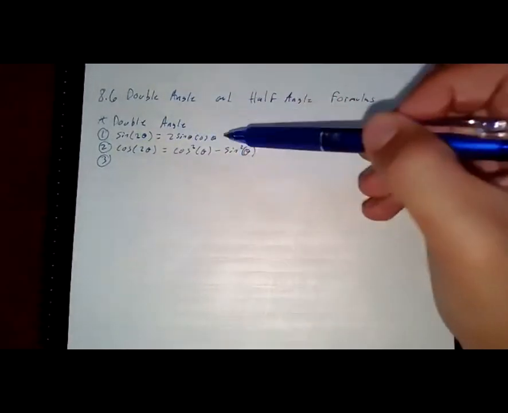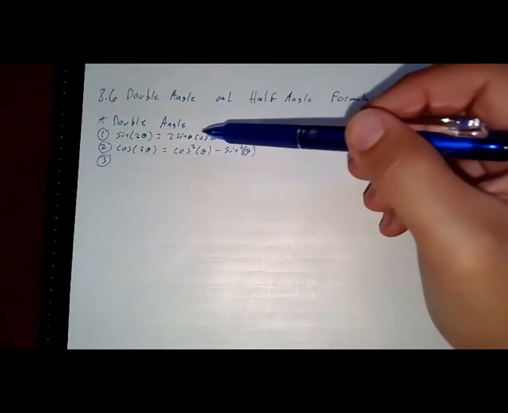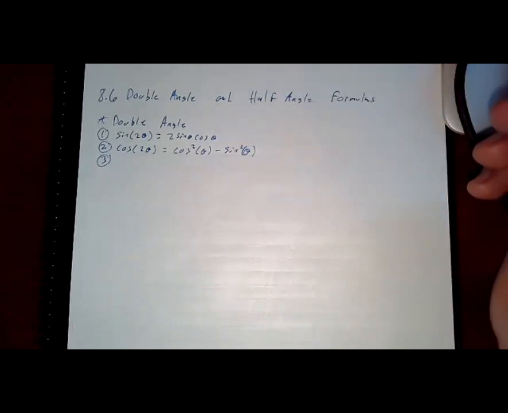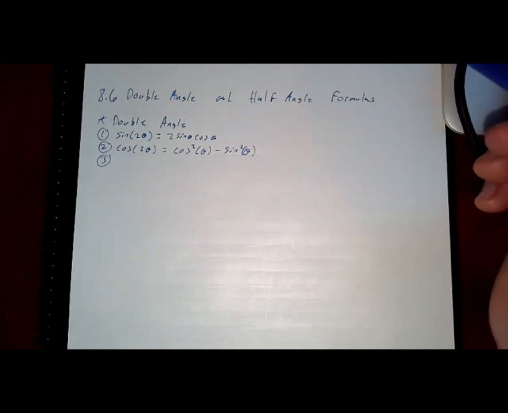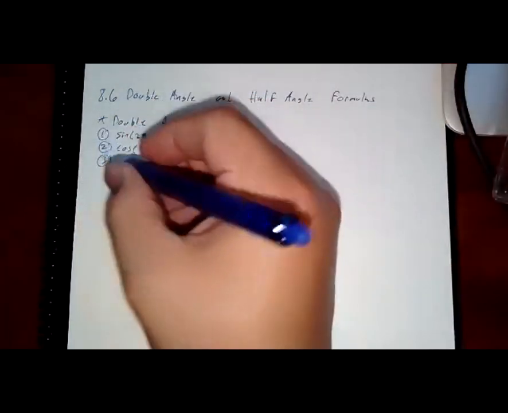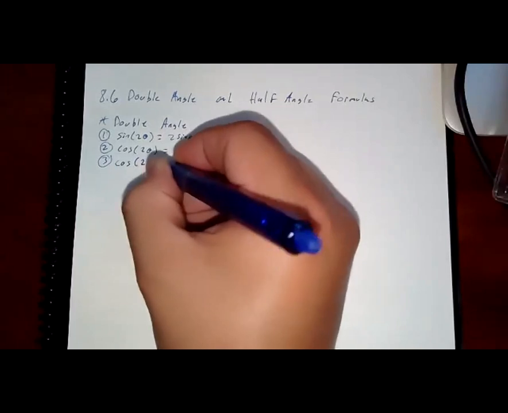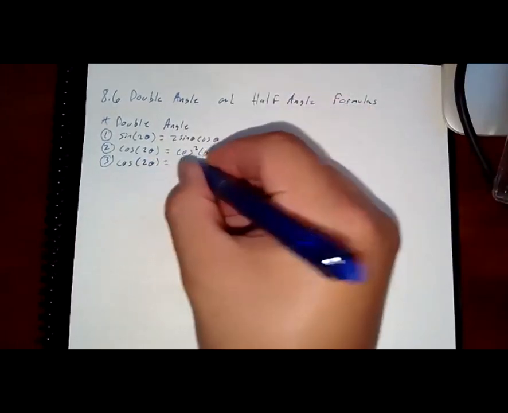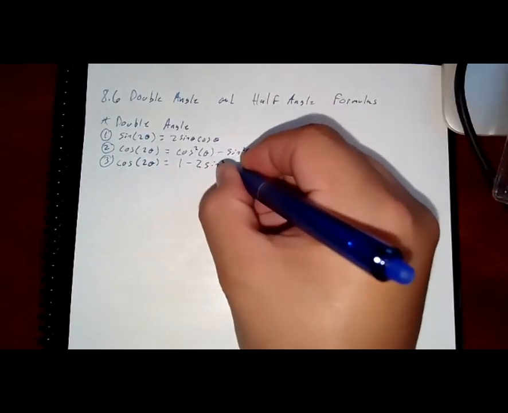Sine 2 theta is equal to 2 sine cosine. Are they multiplied? Yes. So 2 sine theta times cosine theta. Okay, the next one is cosine 2 theta, so another form is 1 minus 2 sine squared theta.